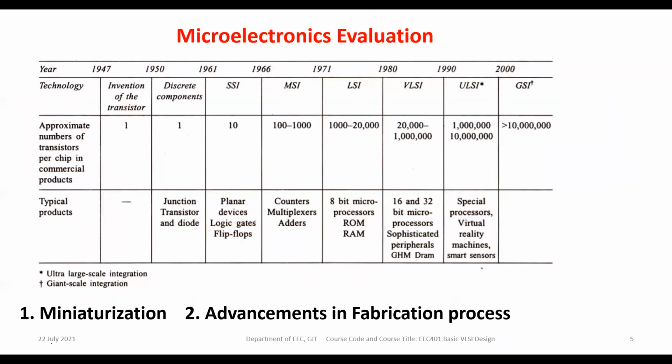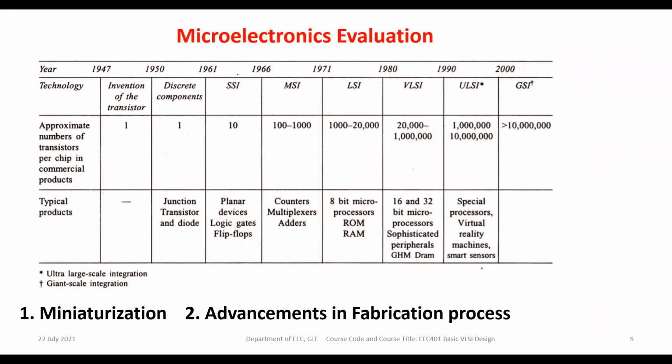As I mentioned, ICs can be classified into different types depending upon how many devices we can accommodate in an IC. This slide shows the possible application devices that can be constructed based on this classification of ICs.